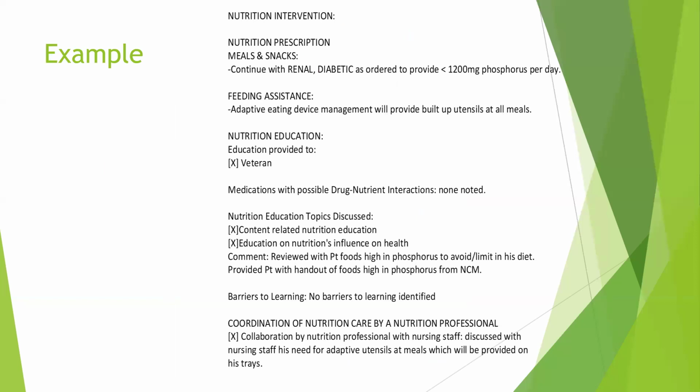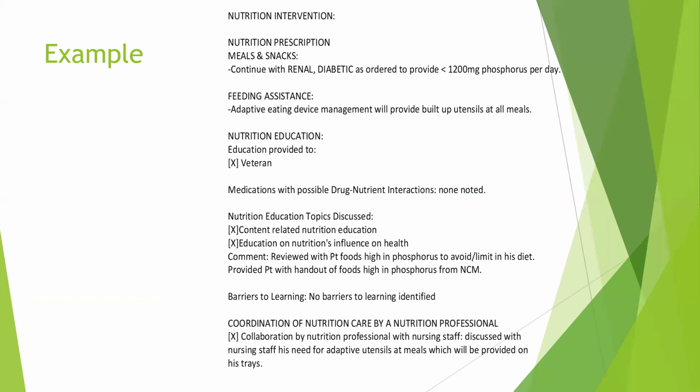In this example, the nutrition prescription is stated, which includes the RD's diet recommendations, as well as the provision of adaptive eating utensils at each meal. Nutrition education was provided to the patient. The topic discussed was high phosphorus foods to avoid or limit in his diet.